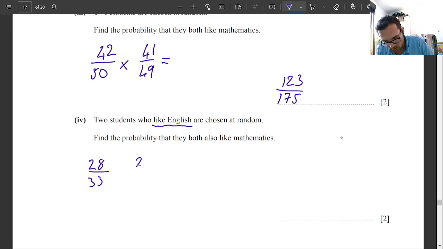There's going to be 27 students left who like English and maths, and there's only going to be 32 students left who like English. So it's the one and the other again. And again, grab your calculator, hammer it in. 63 over 88.